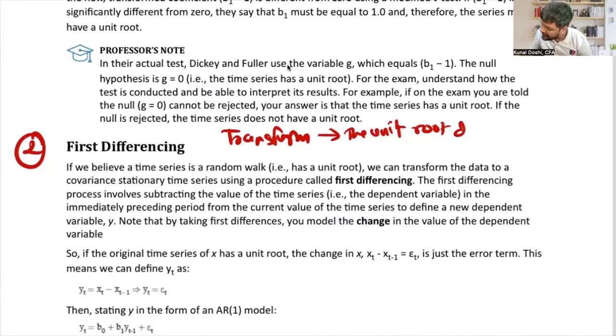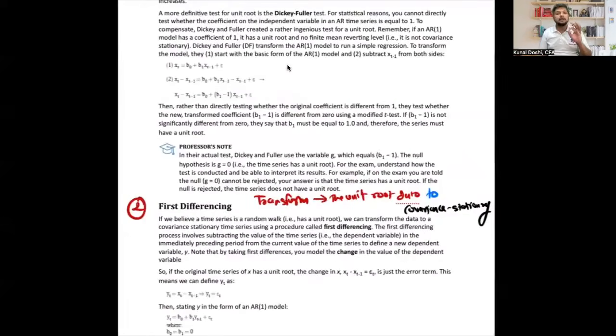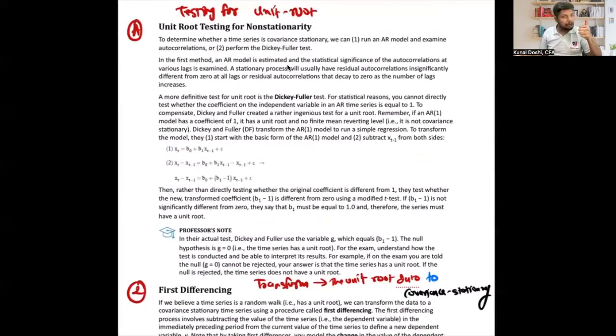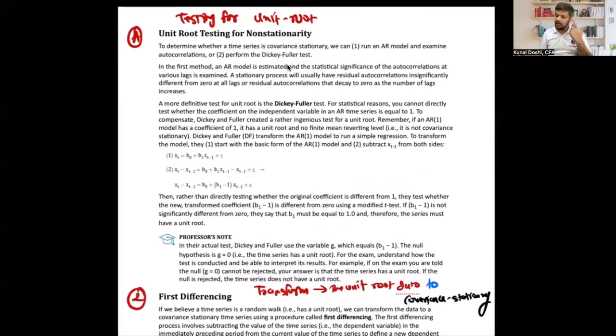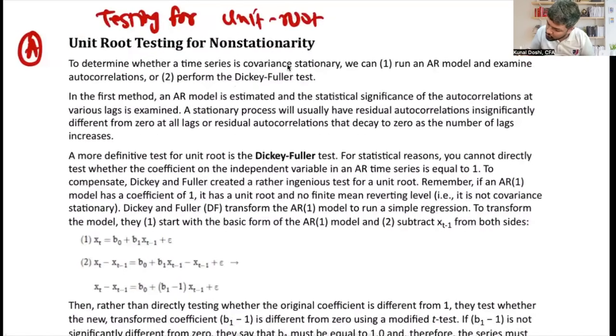That unit root data, we will transform and make it covariance stationary. Once you make it covariance stationary, then you can use that model. So first we'll detect the problem, then we'll fix the problem. Understood? So we are going to do unit root testing for non-stationarity, which means it's not covariance stationary.